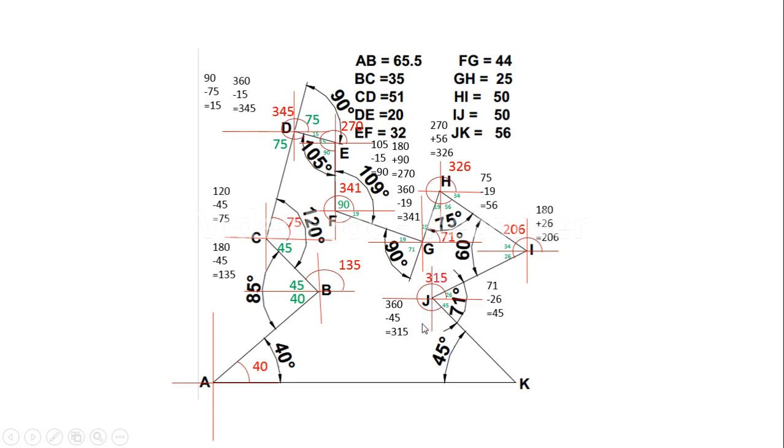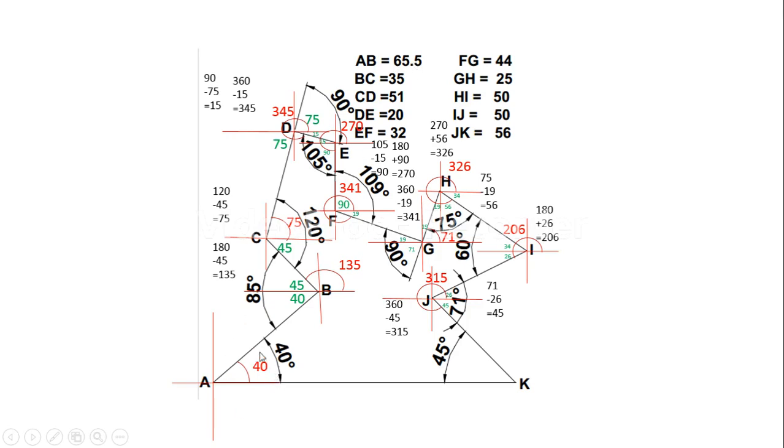So now we have calculated all the angles. We have calculated each and every angle here from the positive x-axis. Now if you see here, it is a little crowded. That's why in another slide I wrote all these findings. Here, the length AB is 65.5.